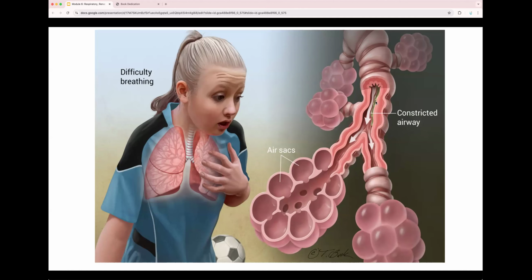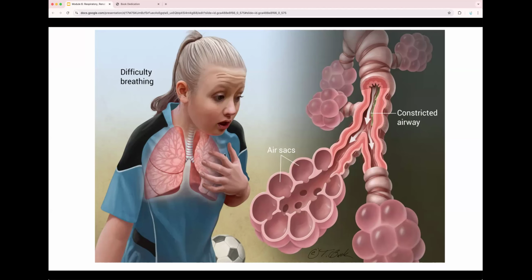Then we have mucus, because remember, an asthma attack is triggered by some type of trigger that causes this exaggerated response of the airway. And then we have inflammation of the lining of the airways. So we have all of these processes that are constricting and blocking the airways.